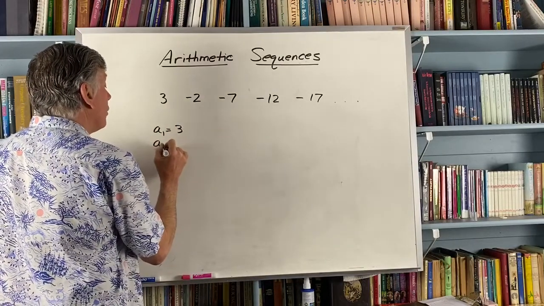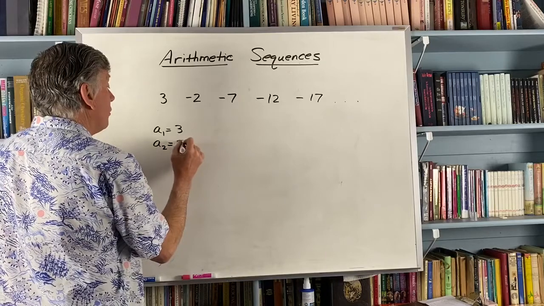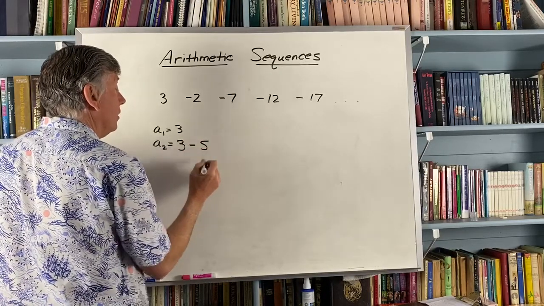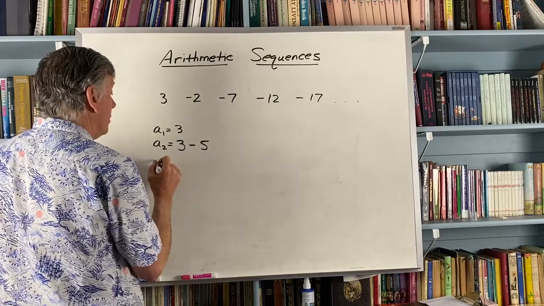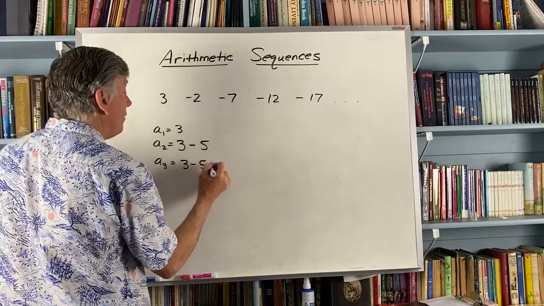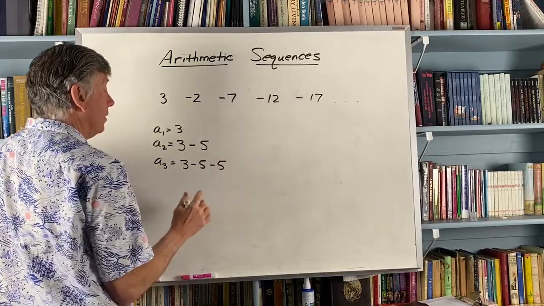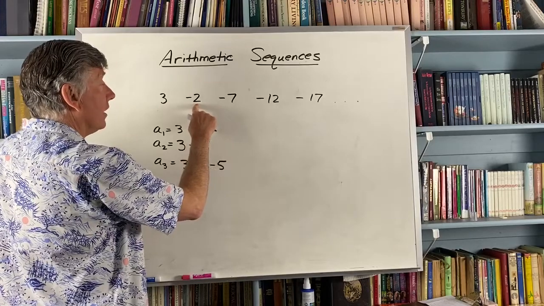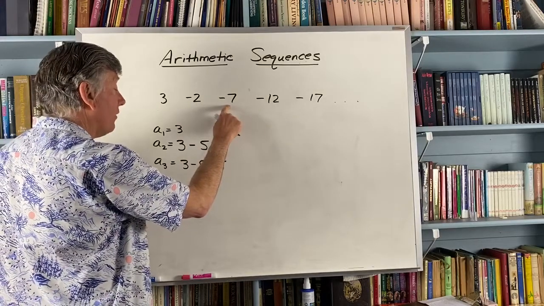My second term is 3, looks like a minus 5. My third term is 3 minus 5 minus another 5. 3 minus 5 is negative 2. Negative 2 minus 5 is negative 7.